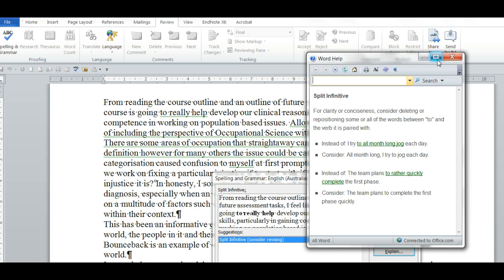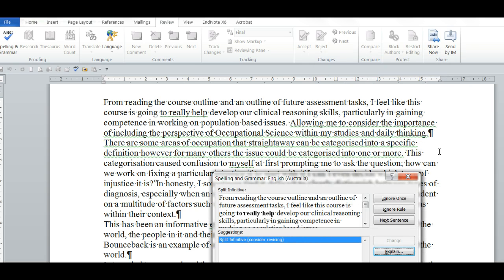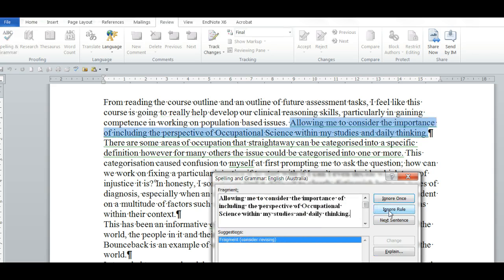Again, it's just reversing things to be more direct. So this course is going to help develop our clinical reasoning skills even more, something like that. Maybe you could just revise that. I'm not going to mess with that one at the moment. So we're going to ignore that.